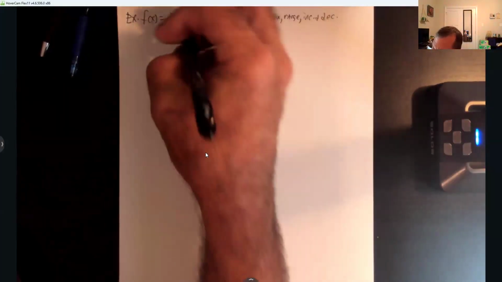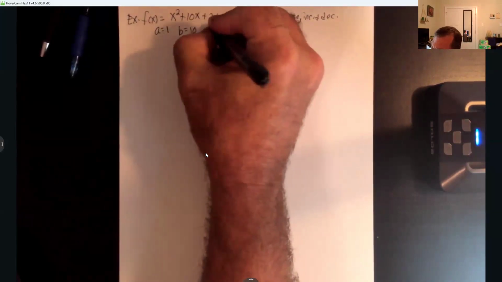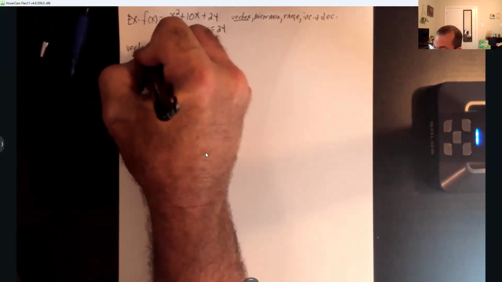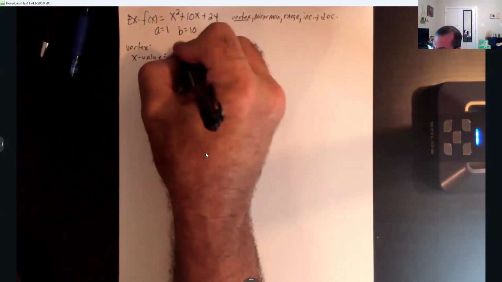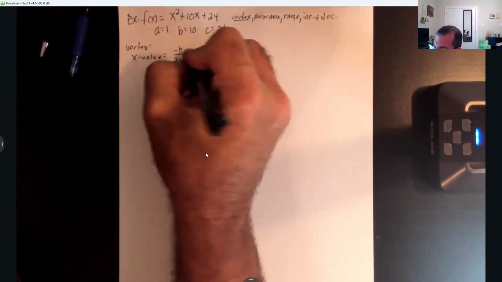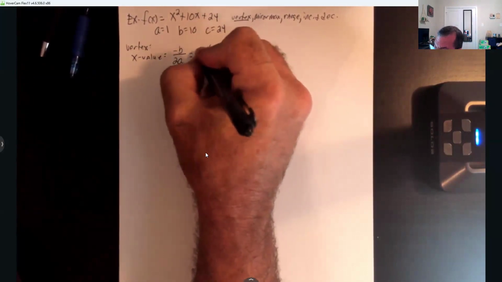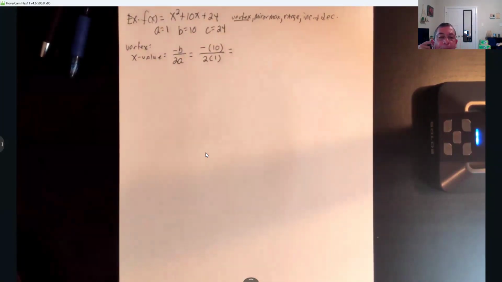So first of all, what we need is our vertex for sure. So remember here, a is 1, b is 10, c is 24. All right, so let's get that vertex first. So we're going to get our x value. So that's negative b over 2a. So that'll be negative times b, which is 10, over 2 times a, which is 1.